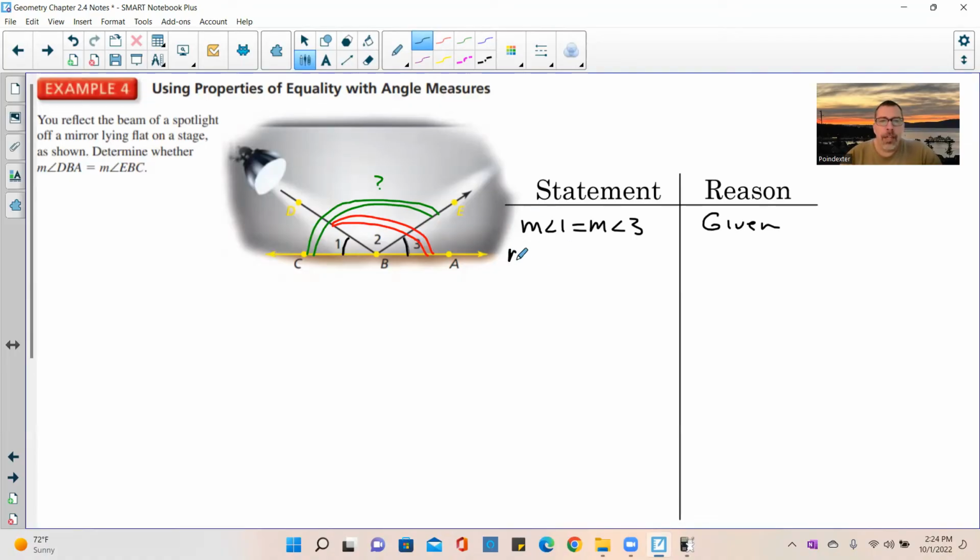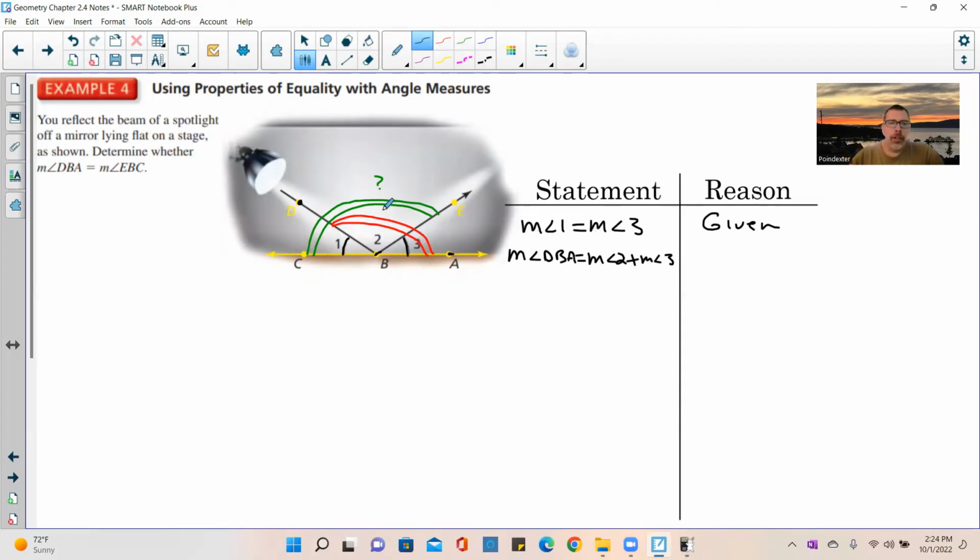So I'm first going to say that the measure of angle DBA equals, and D is here, B is here, and A is here. So it equals DBE, which is angle 2, plus EBA, which is angle 3.